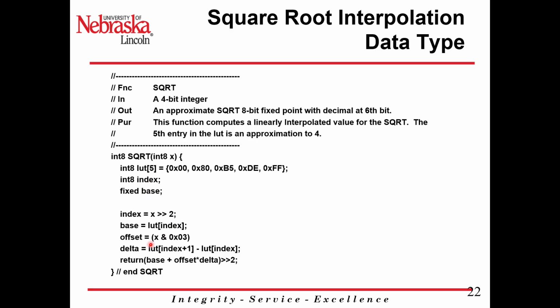Now we're just ANDing, instead of shifting it to the right for the offset, we're ANDing with 3 to find out which index value we're going to get into that offset value. So for 9, it's going to be 1 out of that delta, and then later we're going to shift it after we do the calculations, right?